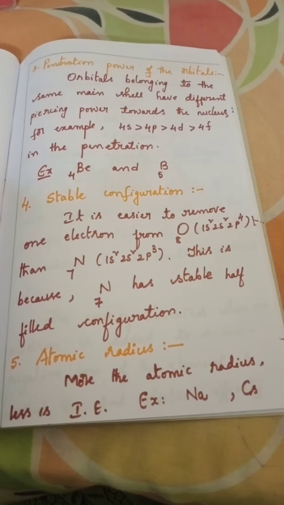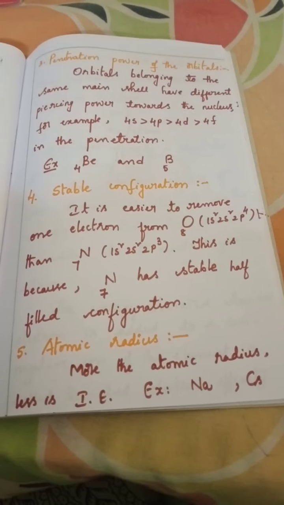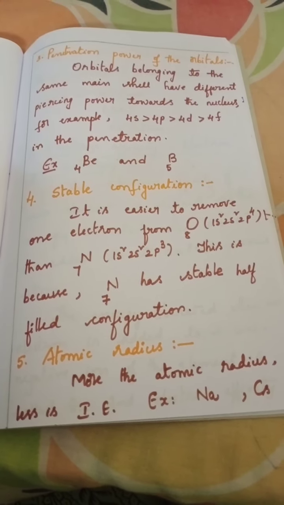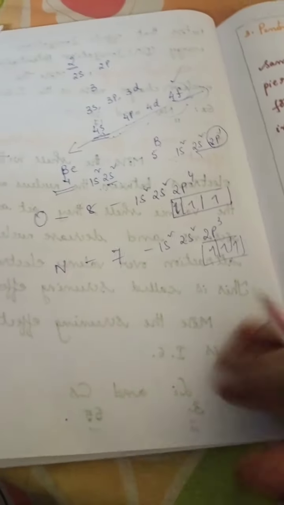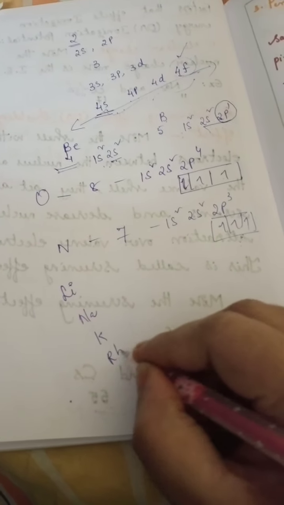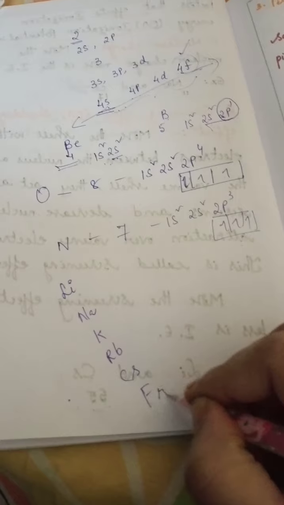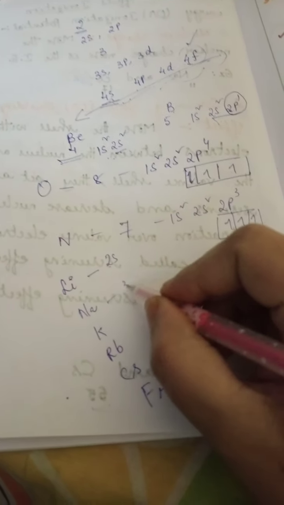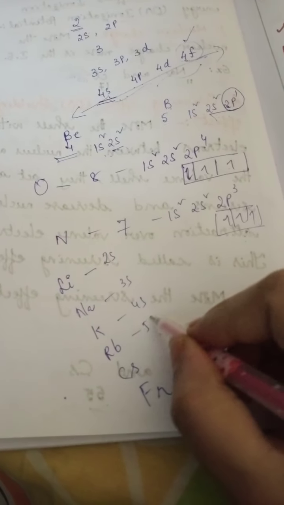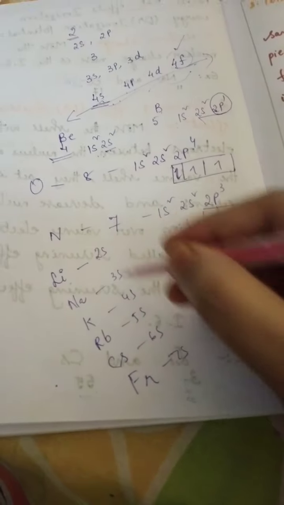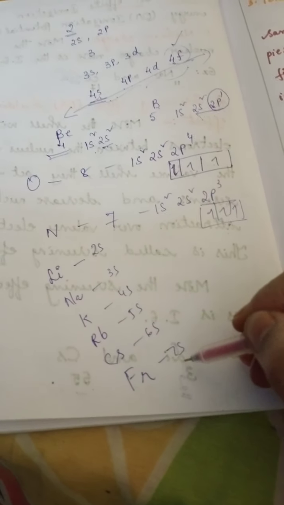And atomic radius. As we know, atomic radius means the distance from the center of the nucleus to the outermost shell. For example, consider the first group: lithium, sodium, potassium, rubidium, cesium, francium. The last valence shells are 2s, 3s, 4s, 5s, 6s, 7s. As the shells increase, atomic radius also increases.